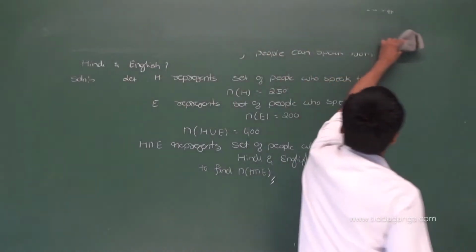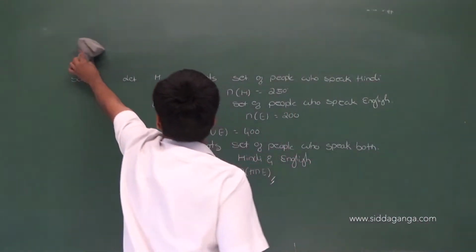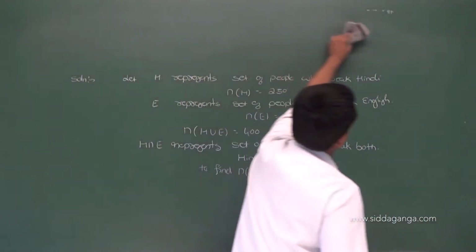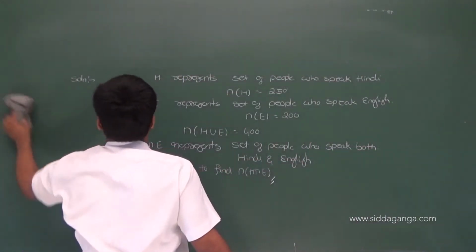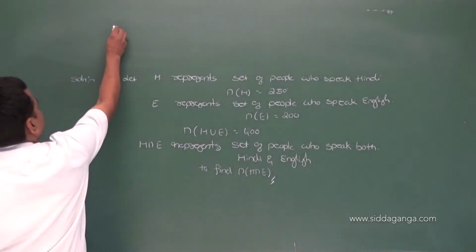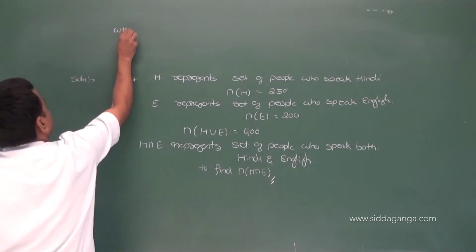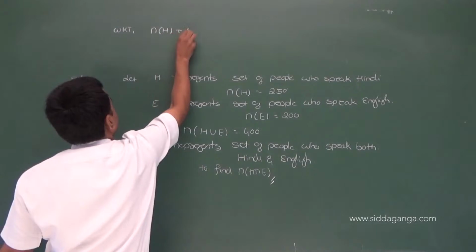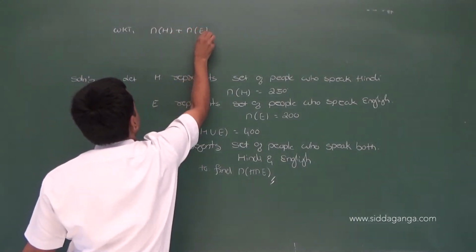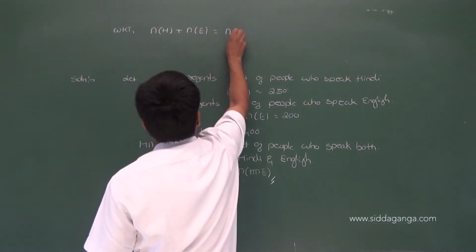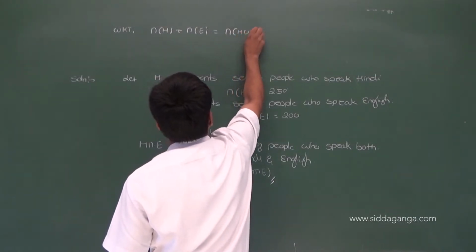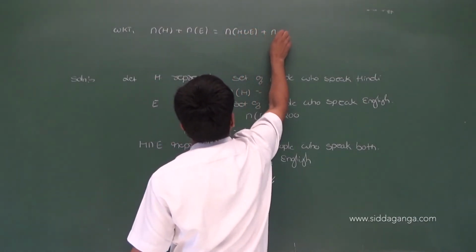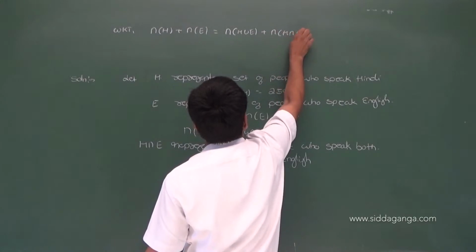We know that N of H plus N of E is equal to N of H union E plus N of H intersection E. Correct?